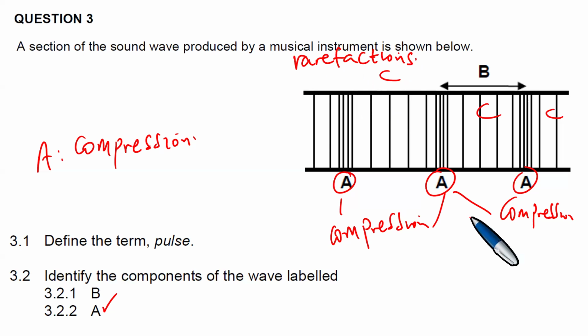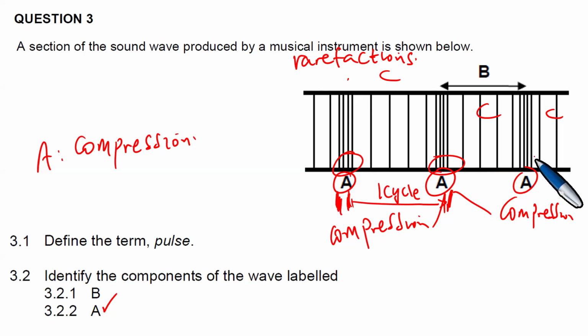Now if you look at the spacing here, we're able to measure a full cycle. One cycle can be measured from here to there, from density to density, where they're closer to each other.